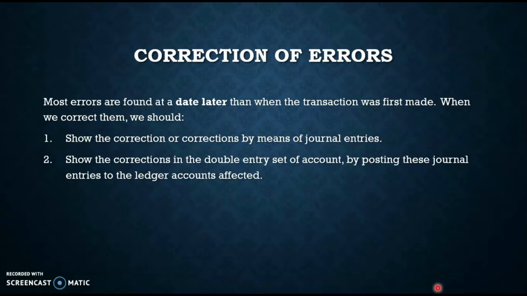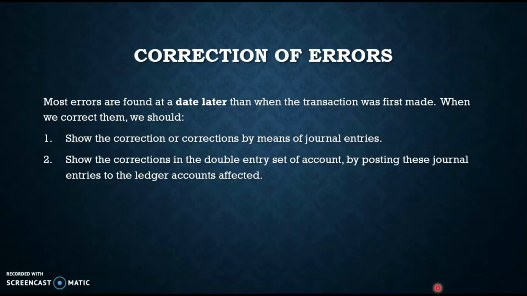So the first thing we're going to do is to show the correction or corrections by making a journal entry, which we refer to as the general journal, and then the next step is to show the correction in the double entry set of accounts by posting these journal entries to the ledger accounts affected.